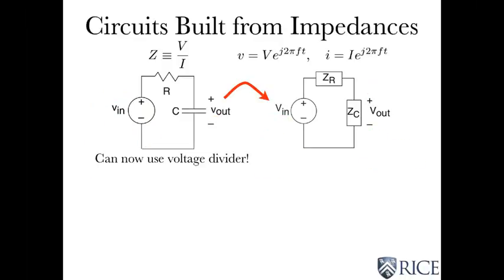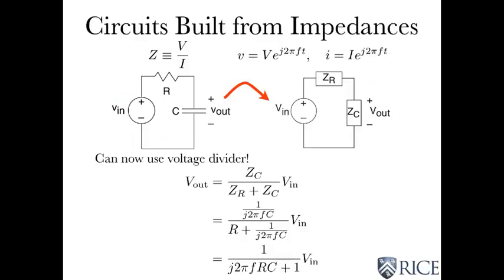Well, now that everything's a resistor, we can use voltage divider. What could be simpler? Instead of resistor values, we're going to use impedance values in our voltage divider. The voltage divider says that the output voltage is equal to the impedance of the capacitor divided by the sum of the impedances of the resistor and the capacitor, just like we had before with resistors.